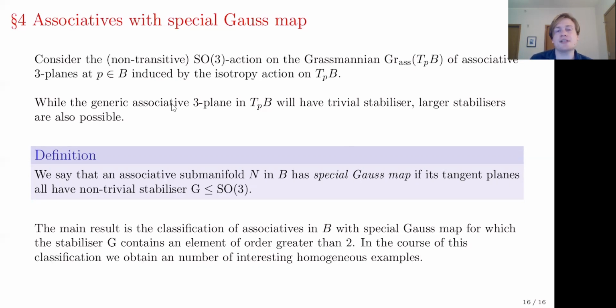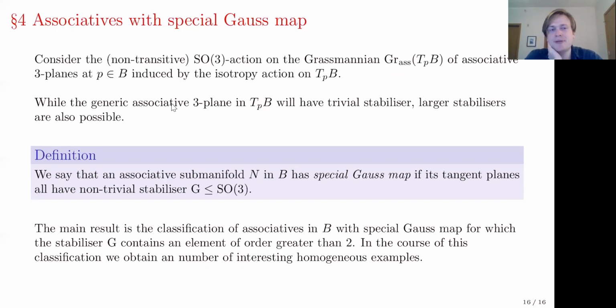So you see the examples that are ruled appear, but you also see some other interesting examples. In particular, you get a number of interesting homogeneous examples appearing. And I think the most interesting one is an example that has the topological type of the Poincaré homology sphere. It's a homogeneous associative that's diffeomorphic to the Poincaré homology sphere. It's kind of an interesting example.